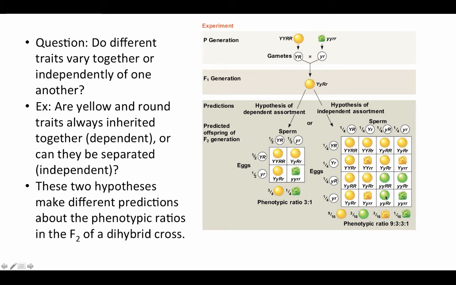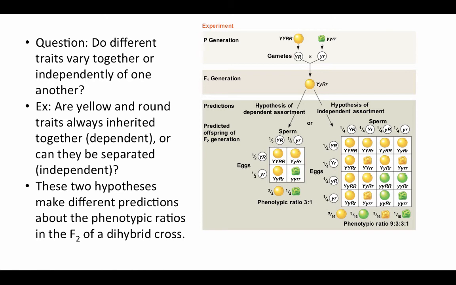So you can just count these off in the different cells showing the results. You'd expect 3 of the dominant color, yellow, with the recessive shape, wrinkled. And so again, you can just count how many cells that appears in to get that. And then just 1 of the double recessive, green and wrinkled. So it's going to be a phenotypic ratio of 9 to 3 to 3 to 1 for the dihybrid cross if these traits assort independently from each other.